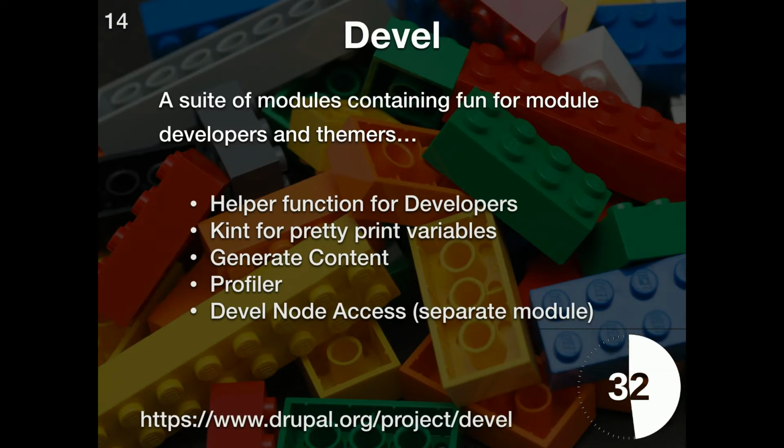So it gives you access to things like Kint, which is a way to print variables nicely in the browser window. It can integrate with your profiler. There's another module integrated with it called Devel Generate, which you can use to generate a bunch of content to see how things work when you have 1,000 of these things. It's pretty useful for basic development and troubleshooting.